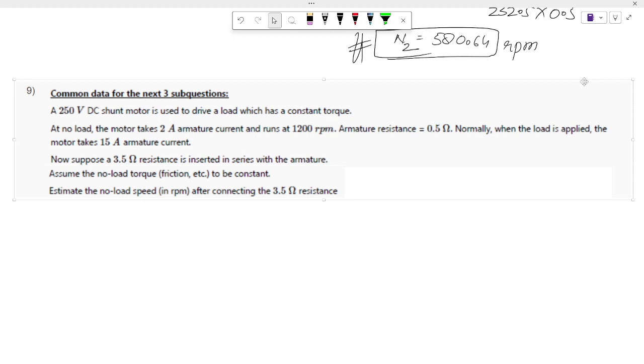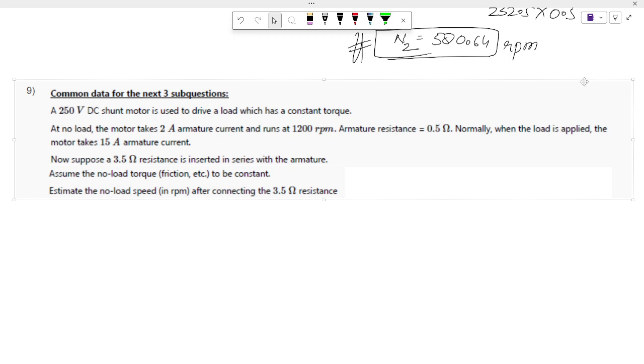At no load, the motor takes 2 ampere armature current and runs at 1200 rpm. Armature resistance is 0.5. Normally, when load is applied, the motor takes 15 ampere armature current. Now suppose a 3.5 ohm resistance is inserted in series with the armature.